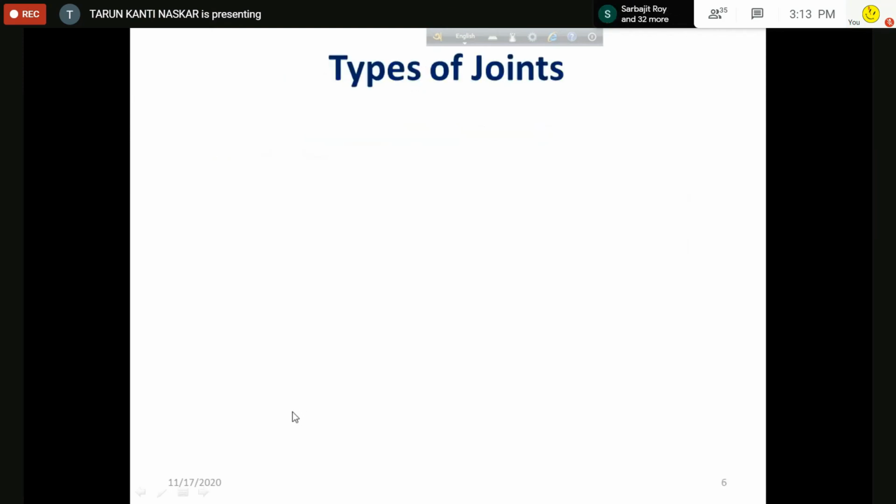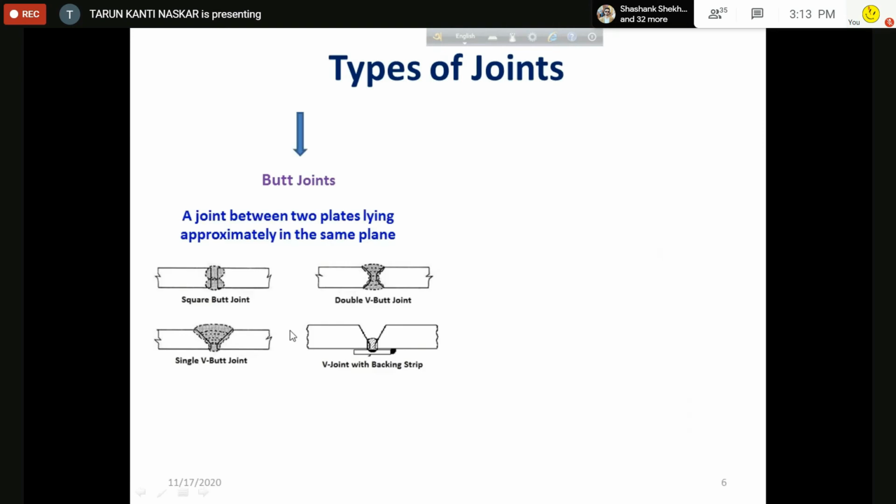Now types of joint. This is very important. Types of joint will be the same, but there are different names. Now butt joint: a joint between two plates lying approximately in the same plane, like this. Here a square form of molten metal.